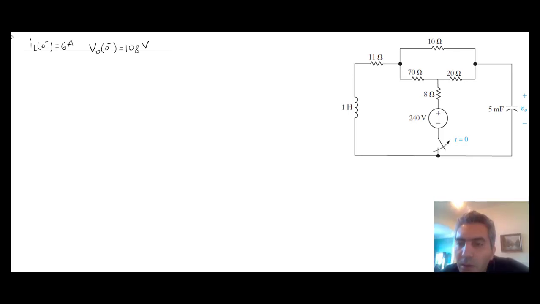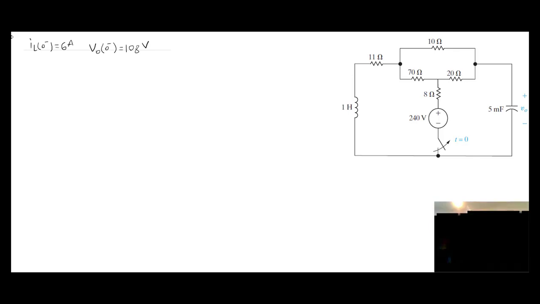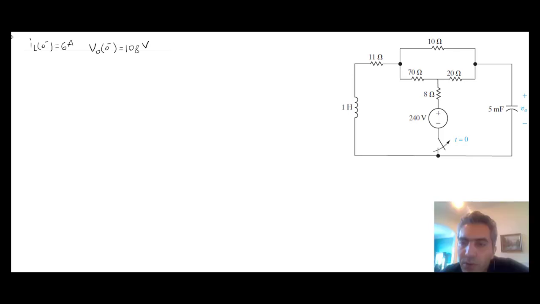You may think that this opens up and this is still 240 volts. That's not the case, because what we know is that this voltage minus that voltage is 240 volts. If this is no longer connected to your circuit, this voltage up here is irrelevant. It's not referenced to anything that is actually connected to your circuit. So you have to completely ignore this branch of the circuit.